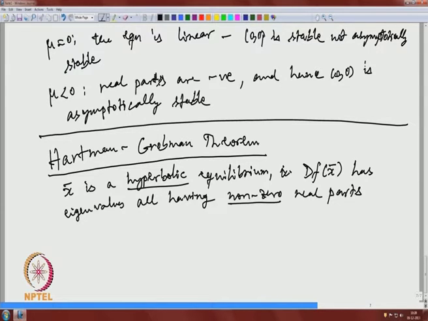In this context, when x bar is a hyperbolic equilibrium point, the Hartman-Grobman theorem says the following. You have the nonlinear system and you have the linearized system.